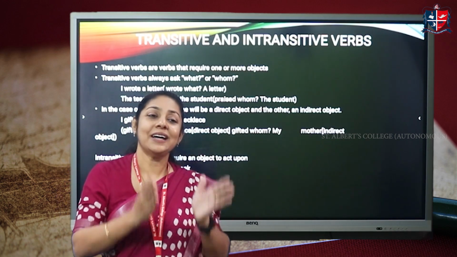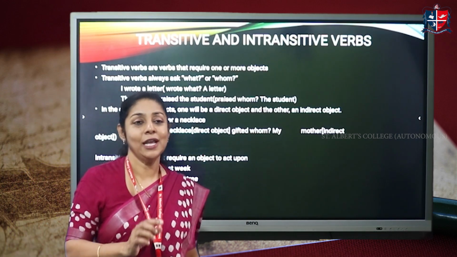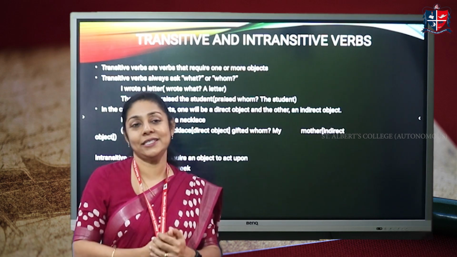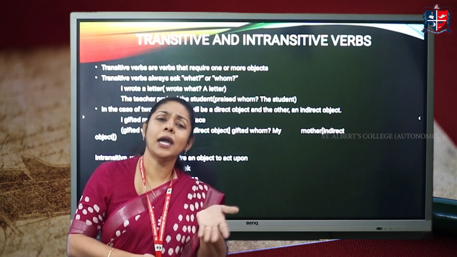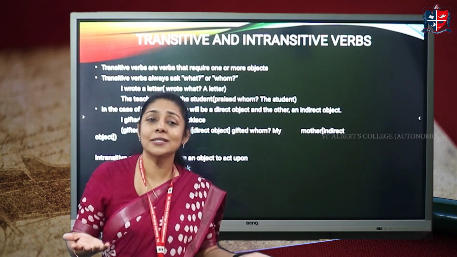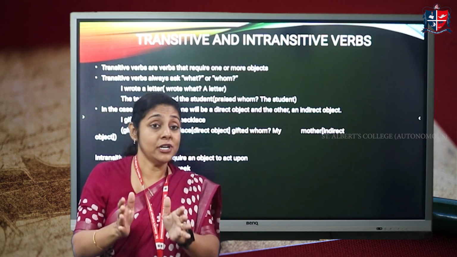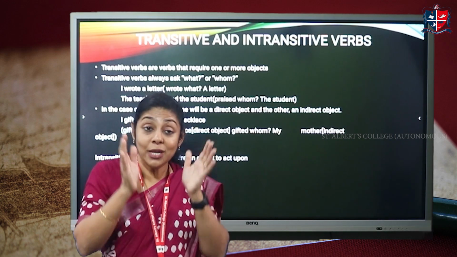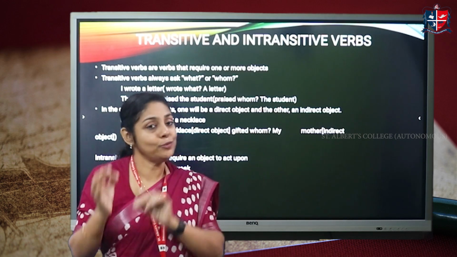The best thing is to ask the question, what or whom, to the verb, right? Suppose I tell you, I wrote a letter. In that particular sentence, wrote is a verb. So you ask the question, I wrote what? The answer is letter. So you're getting an object. So the object of the verb is the answer to the question what or whom. So then we realize that that particular verb has an object, right?